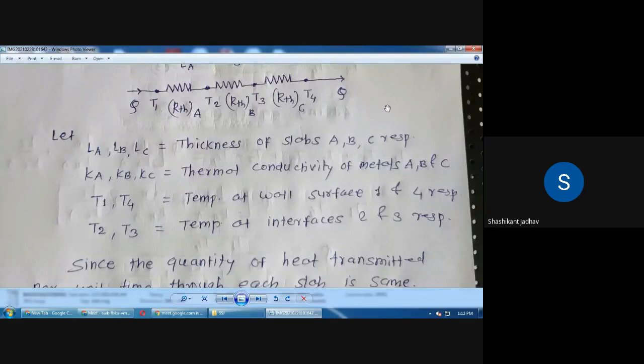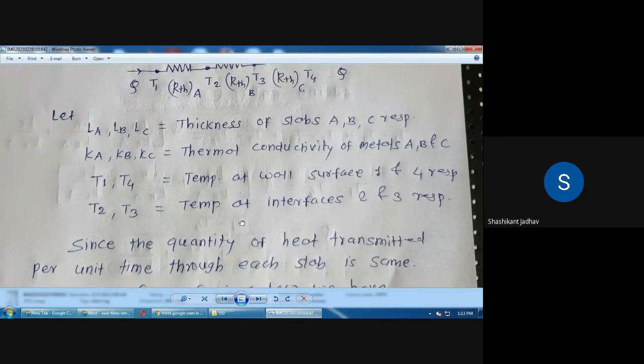Okay, so these are the parameters. So from that diagram we have to understand LC is nothing but thickness of the slabs ABC. Then KC is nothing but thermal conductivity of metals ABC. Then T1, T4 is nothing but wall surface temperature at point 1 and point 4. And T2, T3 is nothing but temperature at the interfaces. Means in between AB section T2 is there, and in between B and C section T3 is there.